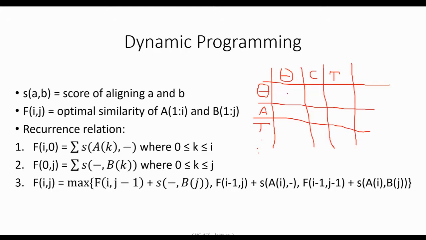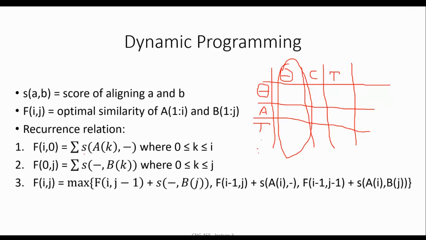It means that I'm interested in the ith row and 0th column. It means that I'm talking about this position. So I'm trying to fill these cells of my table.